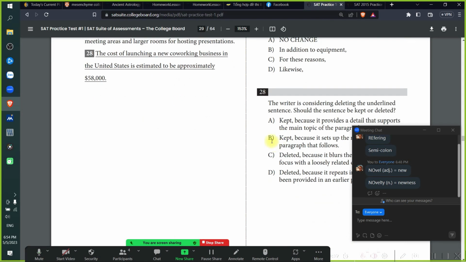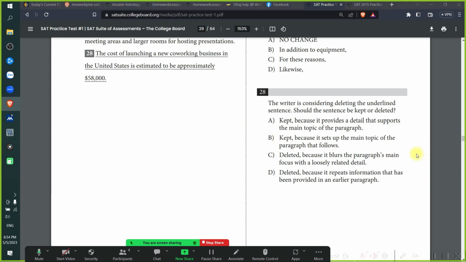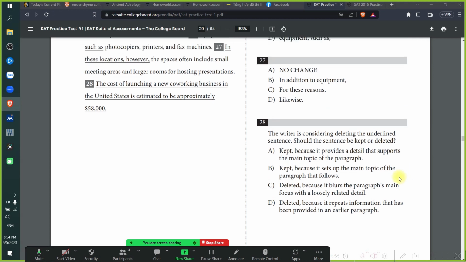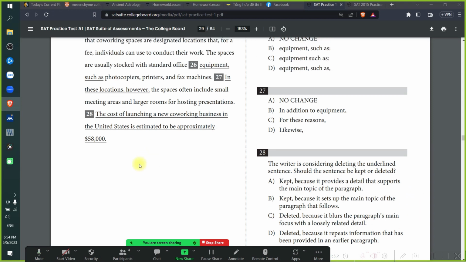28. The writer is considering deleting the underlined sentence. Should the sentence be kept or deleted? Người tác giả đang cân nhắc là xóa đi cái câu mà được gạch dưới này. Cái câu đó nên được giữ hay bỏ đi. 28 nha.